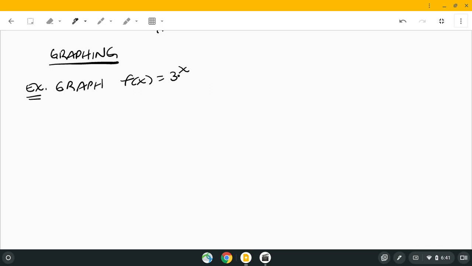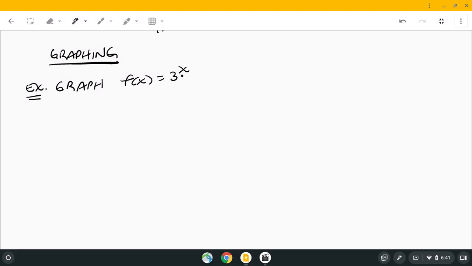One thing you want to notice here with exponentials is that no matter what I plug in for x, whether I plug in 0 or a positive number or a negative number or a fraction or a negative fraction or a very big number or a very negative number, the answer that I get will never be 0.